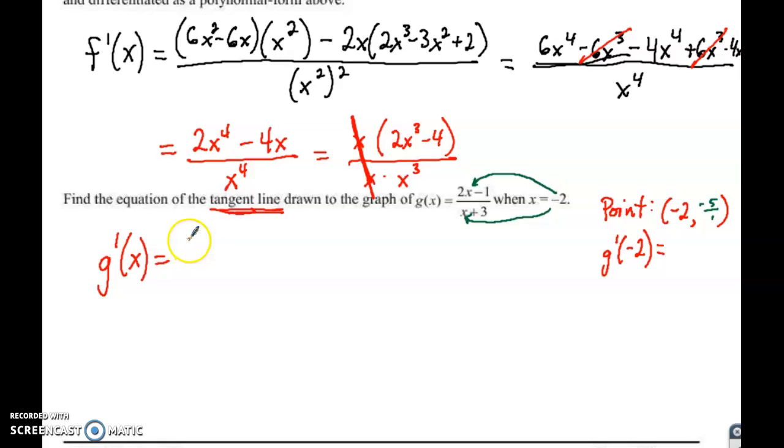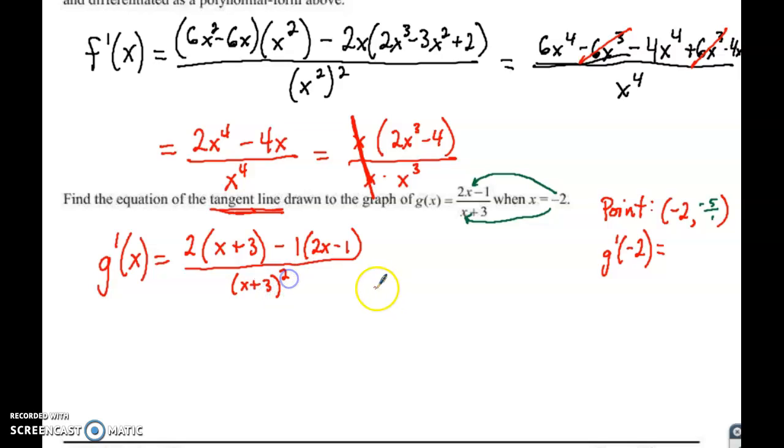So the quotient rule tells you to take the derivative of the top, leave the bottom alone, minus the derivative of the bottom, leave the top alone, all over the denominator squared. So you don't have to simplify because we only want g prime of -2.